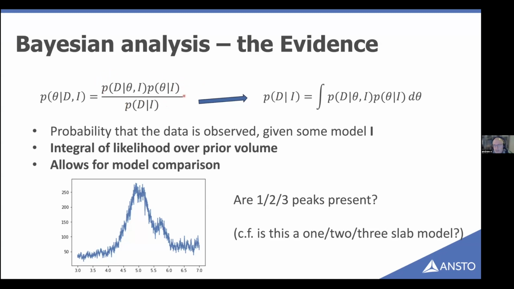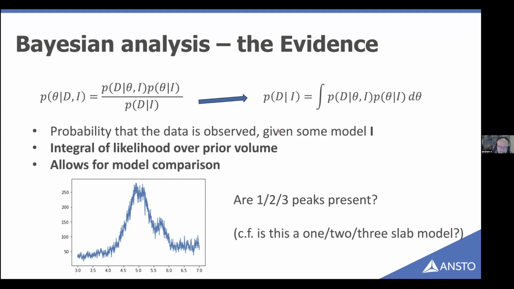And something that made sense to me, perhaps it's obvious to you, is that what you're trying to do is integrate the likelihood over the prior volume. So for all the different values that the prior can take on, you integrate the corresponding likelihood over those parameter values.